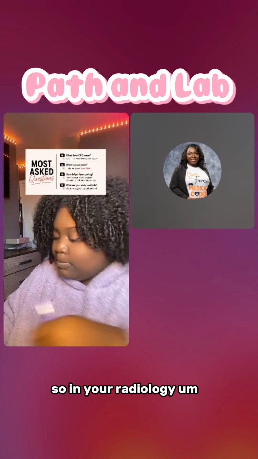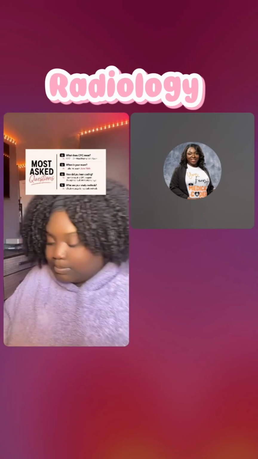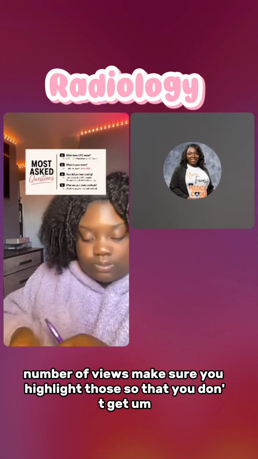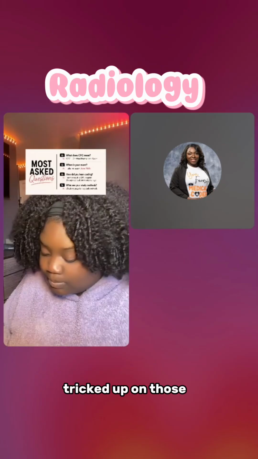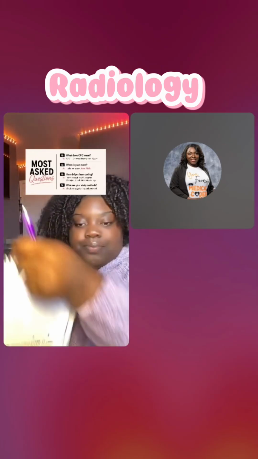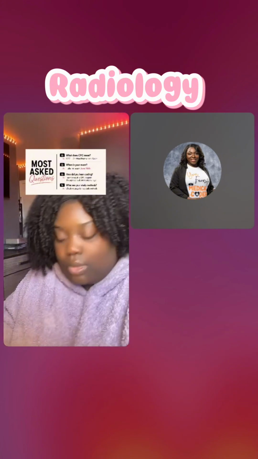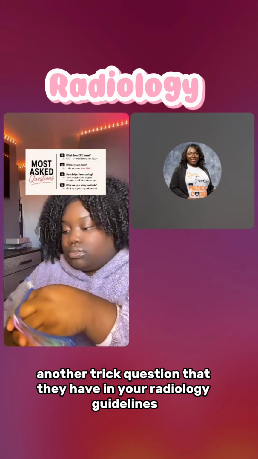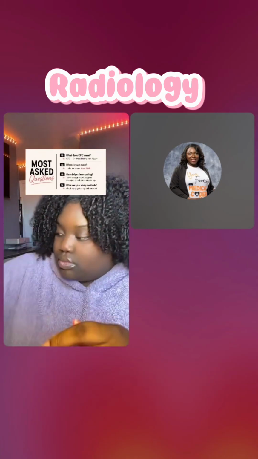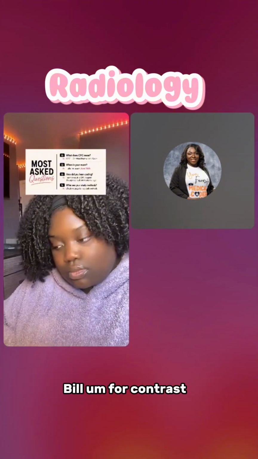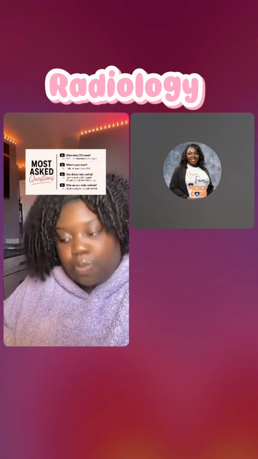Oh, your radiology. In your radiology, you'll have some codes that have a number of views. Make sure you highlight those so that you don't get tricked on those. Also for radiology, another trick question is in your radiology guidelines, which tell you the guidelines for with contrast, whenever you can bill for contrast.